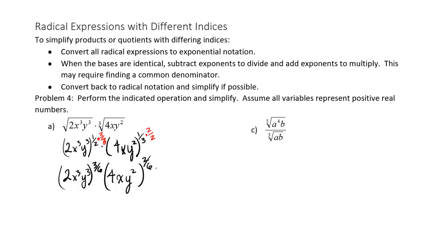Now that the denominators of the exponents match, we can think of this as the 6th root of, and now we need to distribute that exponent. So I have 2x to the third y to the third raised to the third, and in the second grouping, I have 4xy squared raised to the second.